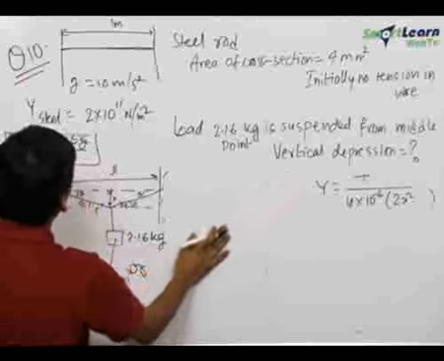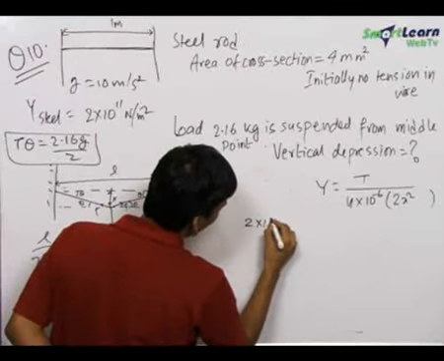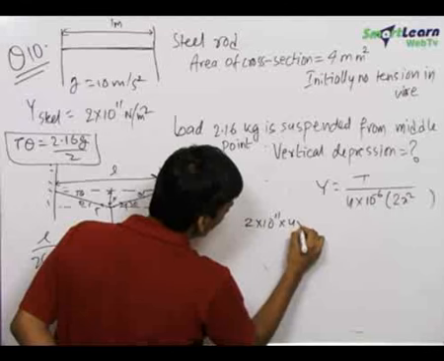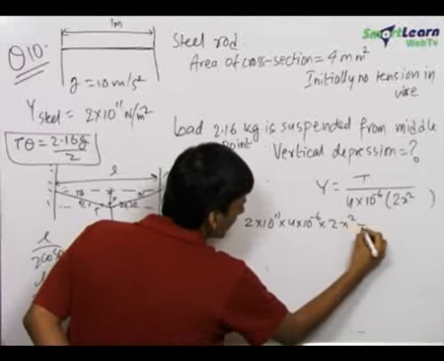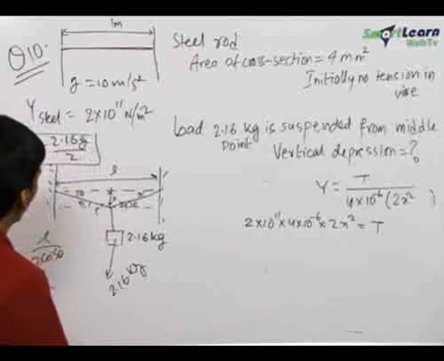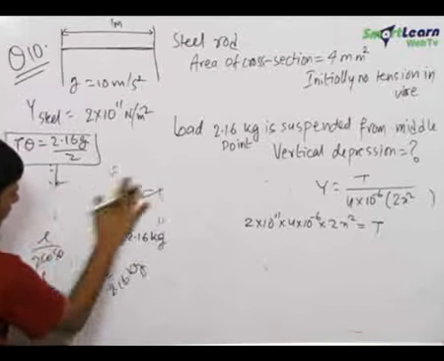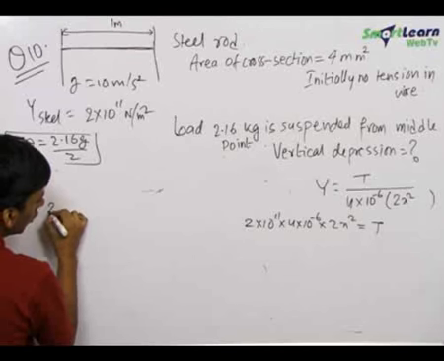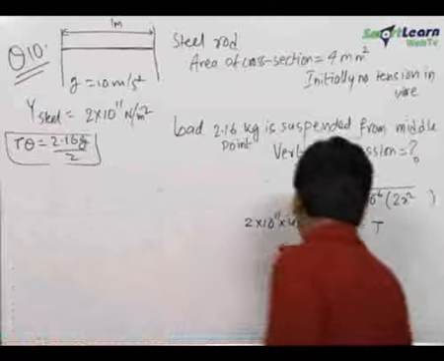The value of Young's modulus is given to be 2 into 10 raised to 11. So 2 into 10 raised to 11 into 4 into 10 raised to minus 6 into 2 into x square is equal to the value of T. Let us solve it a bit over here itself.